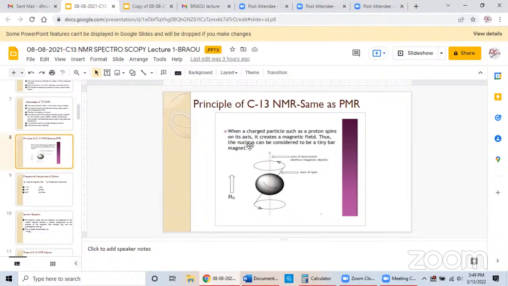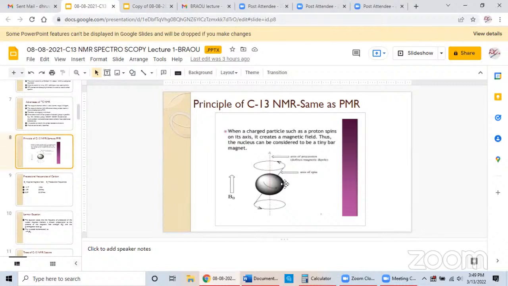Thus the nucleus can be considered a tiny bar magnet. This is the external magnetic field B0, and this is the spinning nucleus.